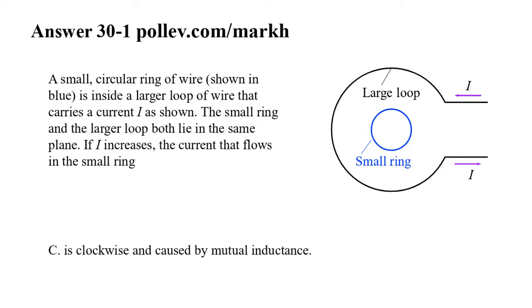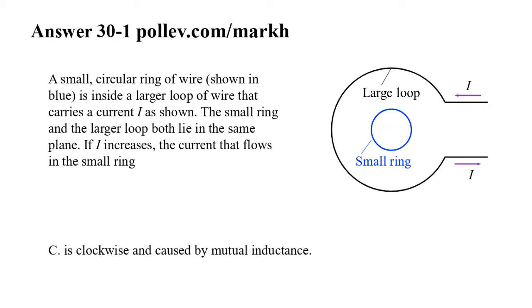And then for the direction, we need to remember our right-hand rule from the last topic, where it applies to both circulating current and the circulating magnetic field. So we can use our right-hand rule to determine the direction of the magnetic field from the large loop.